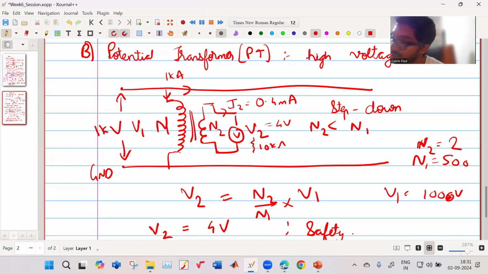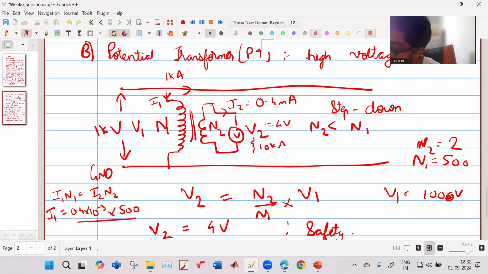First of all, what relation must you use? You must use the relation I1 N1 is equal to I2 N2. So what is I1? It is equal to 0.4 into 10 to the power minus 3 into N2 divided by N1. N2 is 2, sorry, my N2 is 2 and N1 is 500.